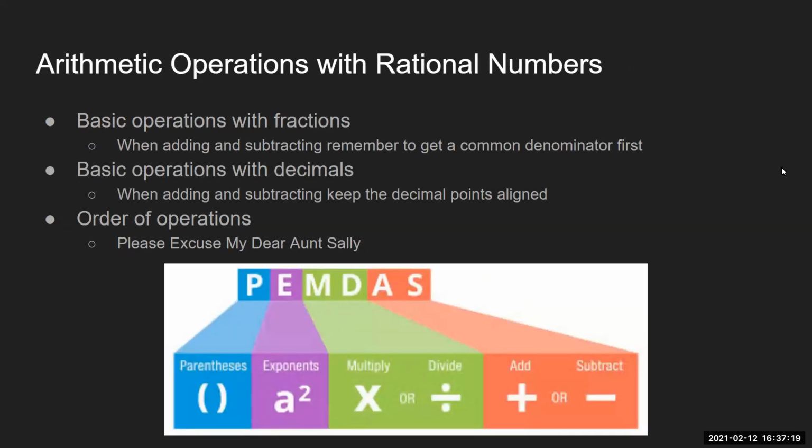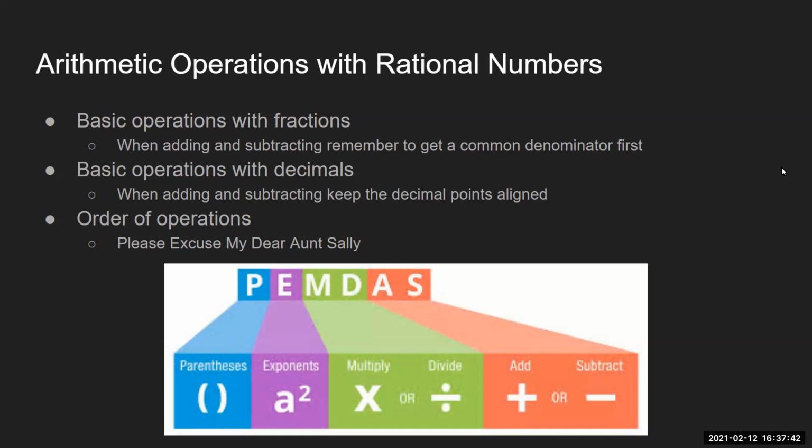You also want to be comfortable with all of your arithmetic operations with rational numbers. So that is doing basic operations with fractions. Again, nobody likes fractions, but just remember, especially when you're adding and subtracting, you have to get a common denominator first. So don't forget that. Basic operations with decimals.